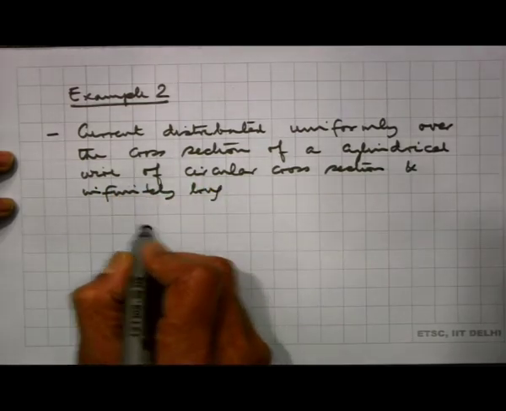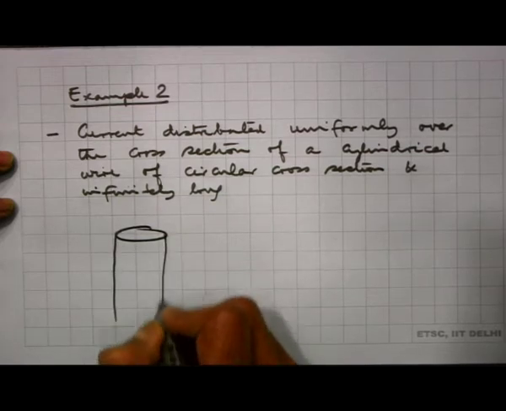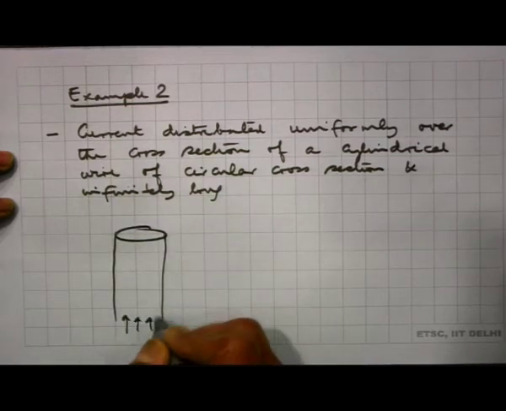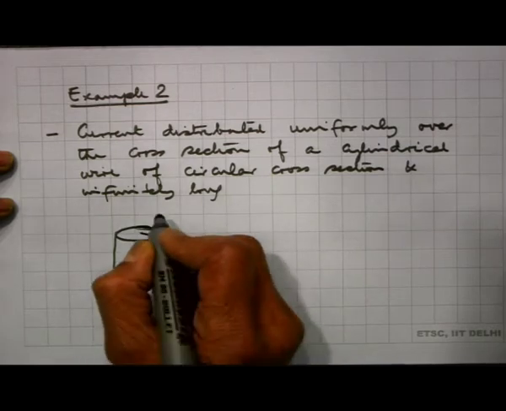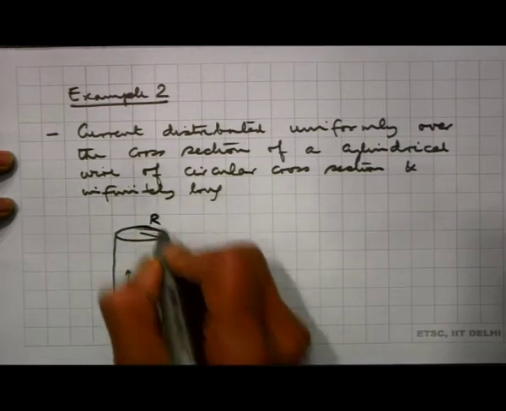So, it is something like this. I have a thick current carrying conductor, and current is flowing like this in the conductor. So, let me assume the radius is r.